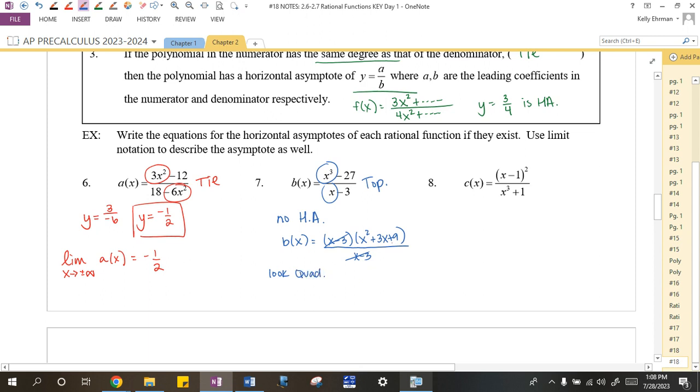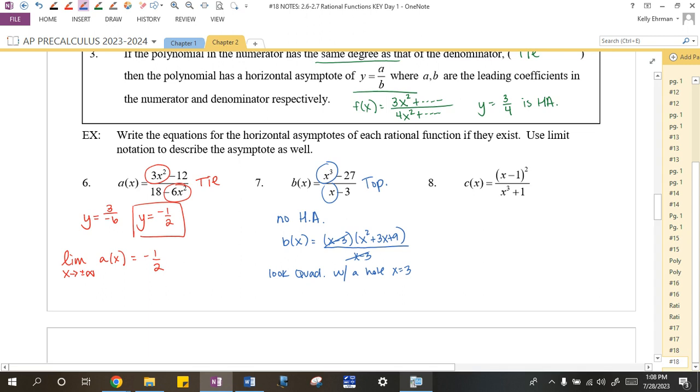If I were to graph it, it should look like the quadratic x squared plus 3x plus 9, but it's got a hole at x equals 3. Right? So that's what happens. If you have something that doesn't have a horizontal asymptote, it just means it looks like a polynomial function of some other sort. If you do the long division or if you do simplification, you'll see what shape it should have.